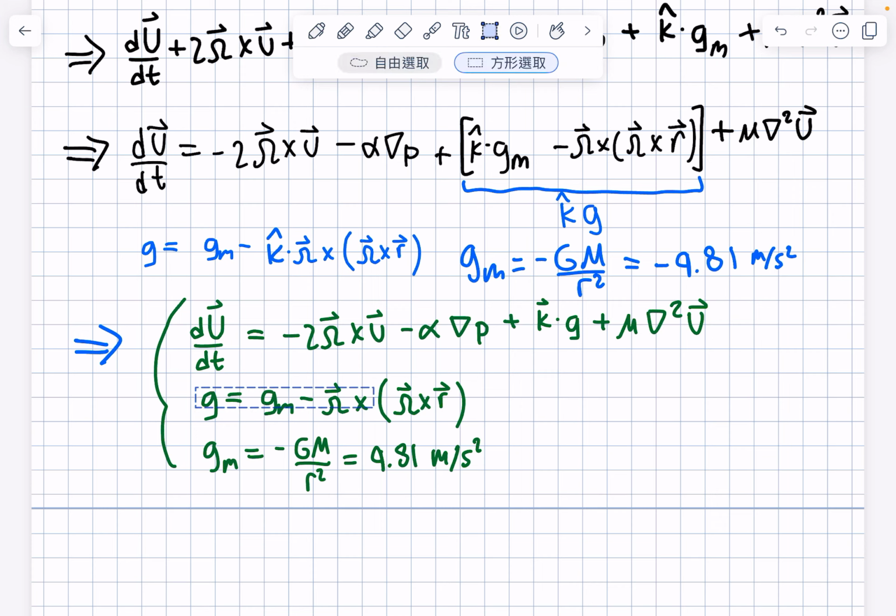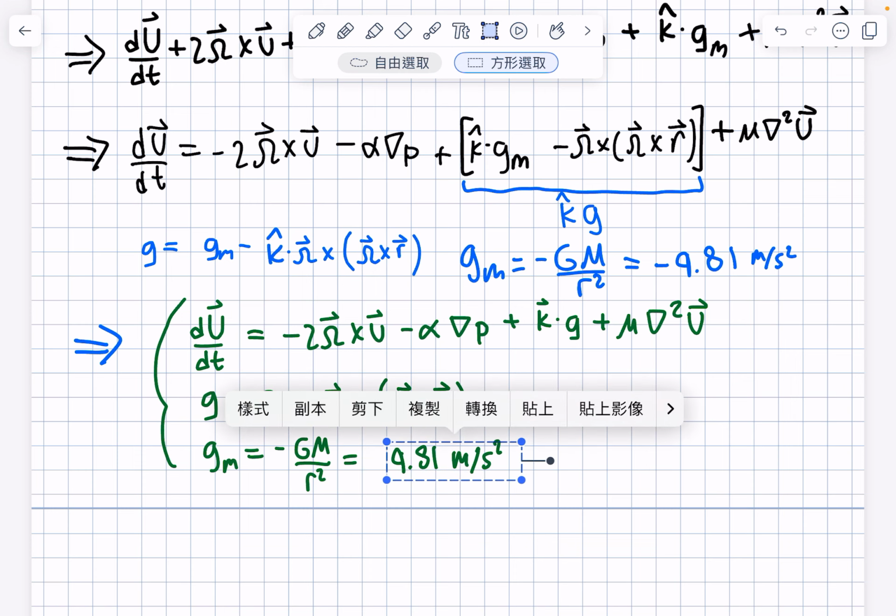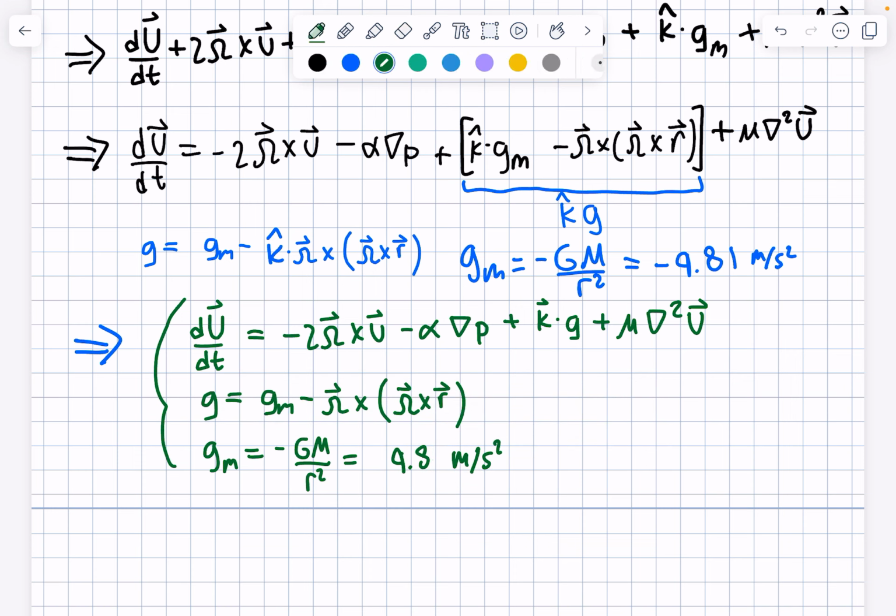And then again, we define g is equal to gm minus omega cross r, and this gm is defined as negative gm over r squared, which is about, actually we showed in the last video, negative 9.82, just assuming the average mass of the Earth and average radius of the Earth, without accounting for topography like mountains or the vertical variation of gravity.